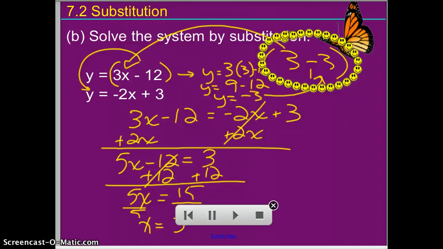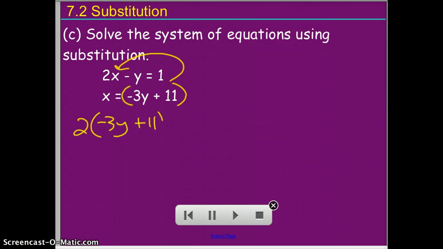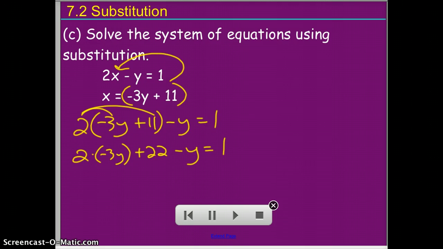In the next example, you'll notice that instead of it saying y equals, it says x equals. And so to show you that solution, we're going to simply take the value for x, plug it in for the other equation, and now have the equation with just the y value in it. We're going to distribute the 2 to both the 3y and the 11.